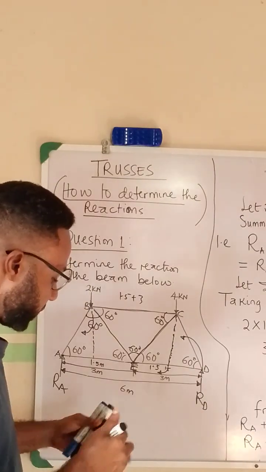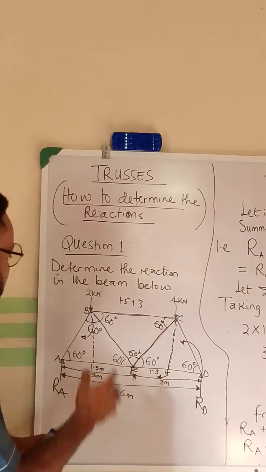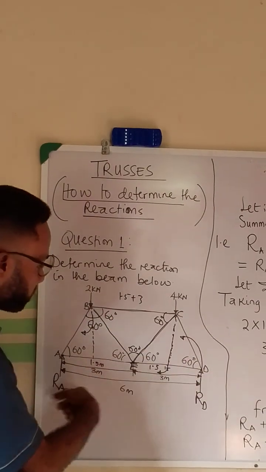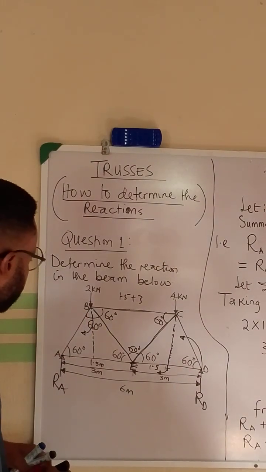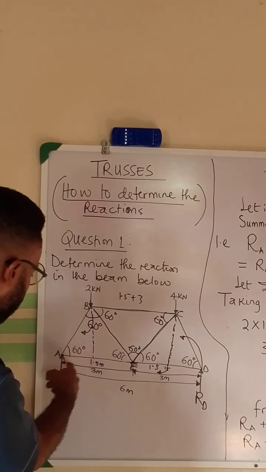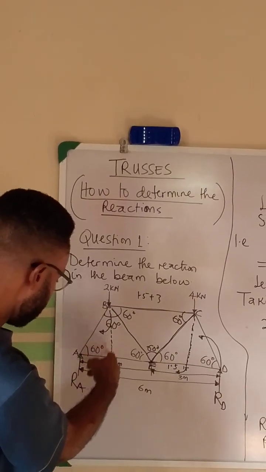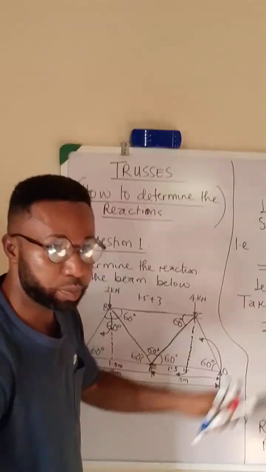Let's explain it here. If we are taking moment about point A, it means all the forces will move down to where point A is. This one will move anti-clockwise. For the first force, which is 2 kilonewton, it will move 1.5 meters to point A, because it's acting at the middle. Remember, from here to here is 3. So that's why we have 2 times 1.5.